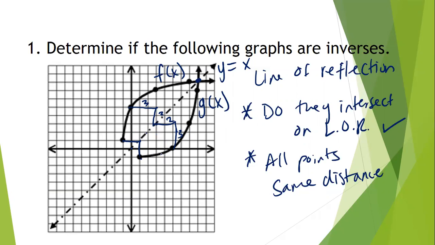My distance has to be the same, because no matter how I square and add those 2 together, they're still going to equal the same number, right? All right. And then if both of these add up, then guess what? They're inverses. f of x and g of x are inverses.